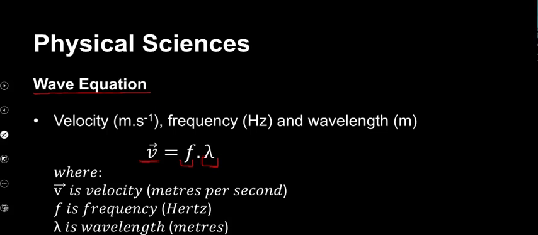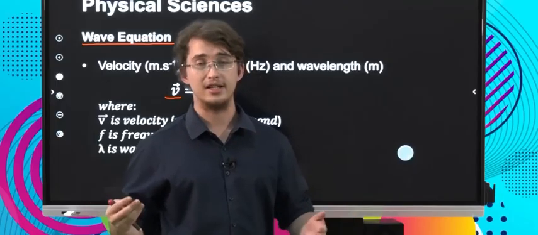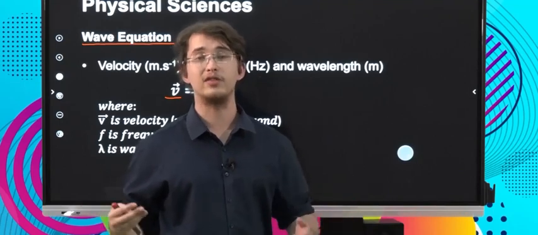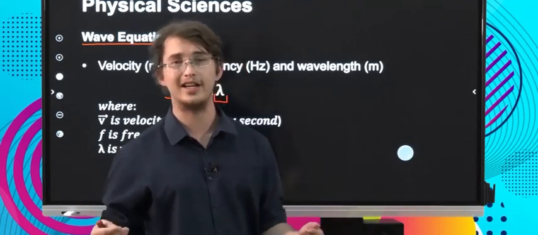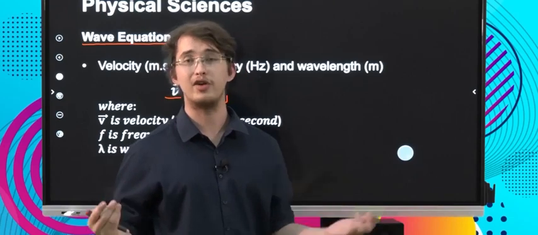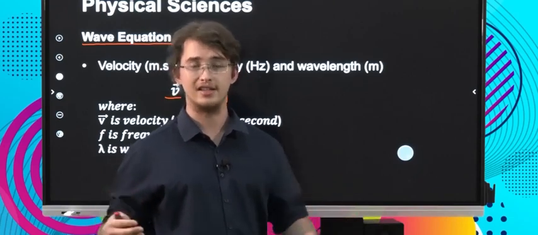But this isn't the version of the wave equation that we usually use for electromagnetic radiation, is it? No, we need to replace the velocity value with the velocity that all electromagnetic radiation travels at through a vacuum. That's the speed of light, the symbol c.